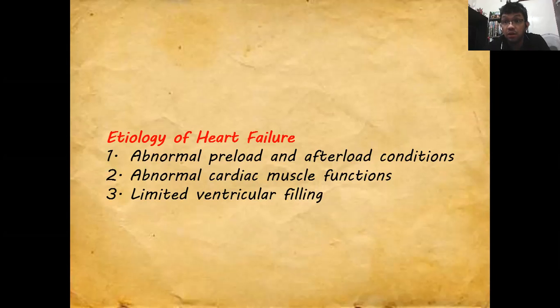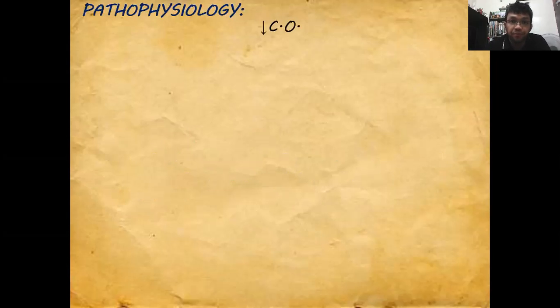We're talking about the blood that is coming in and out of the ventricles, or of course the myocardium of the heart. There's something wrong. Maybe it's scarred, maybe it's diseased, and limited ventricular filling due to stiffening.